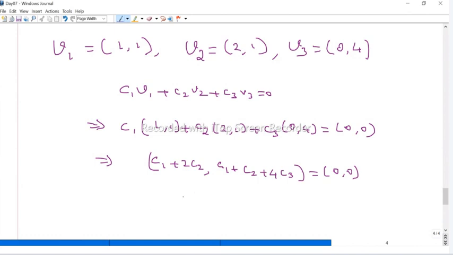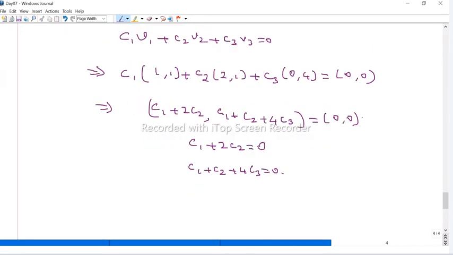Now these two ordered pairs being equal means the first coordinate equals 0, C1 plus 2C2 equal to 0, and the second coordinate is also 0, C1 plus C2 plus 4C3 equal to 0. Now these are two equations and three unknowns, right?